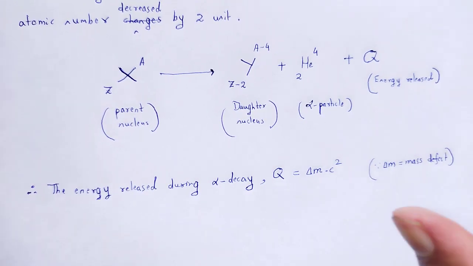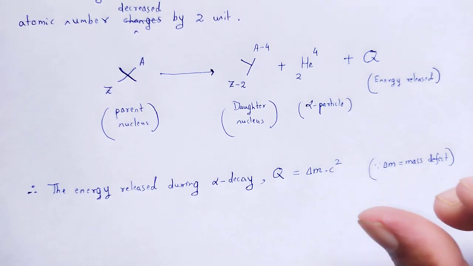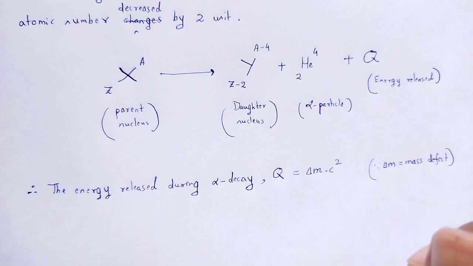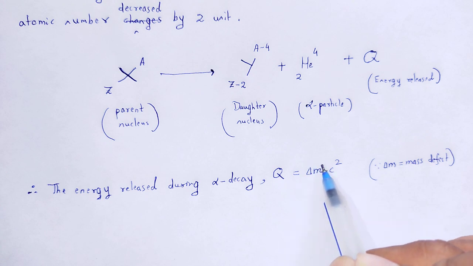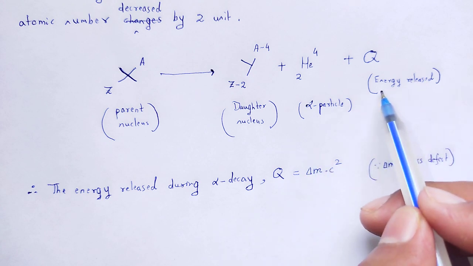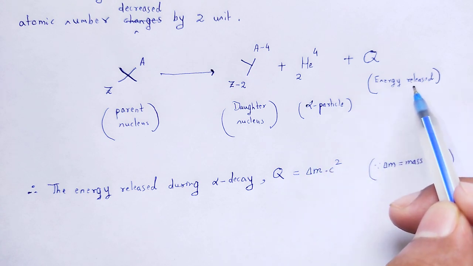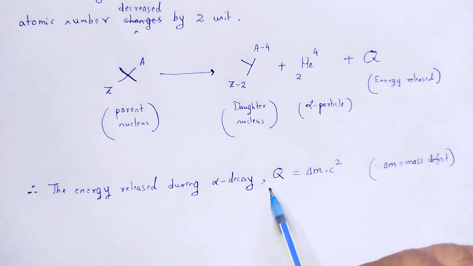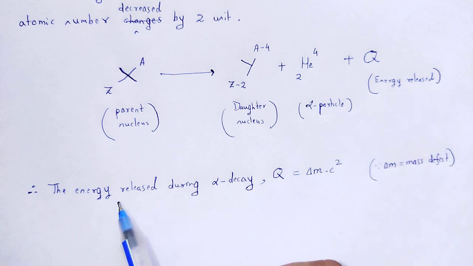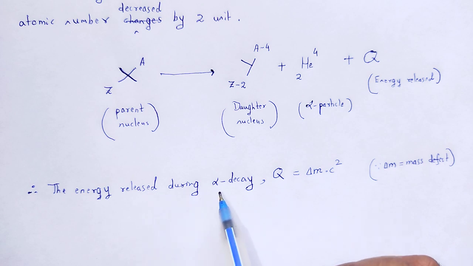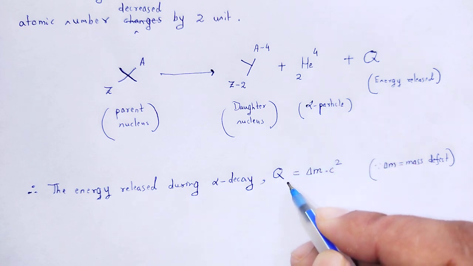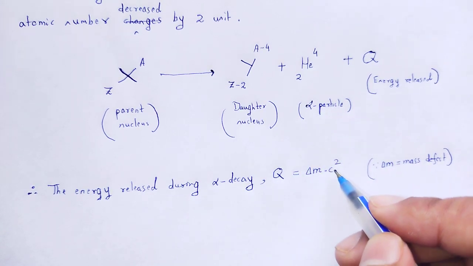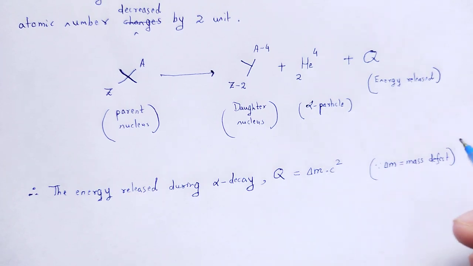According to Einstein's mass energy conservation, that mass defect is in the form of energy. So the energy released during alpha decay is equal to mass defect into c square, c being the speed of light.